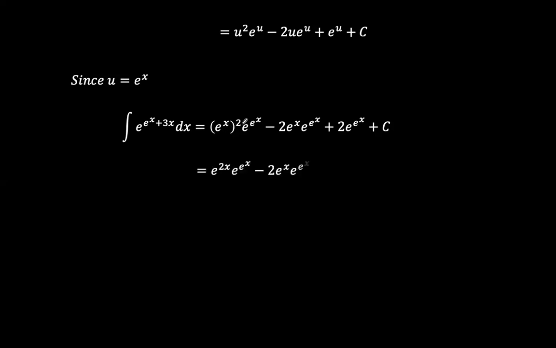This e to the power x squared is the same as e to the power 2x times e to the power e to the power x, minus 2 e to the power x times e to the power e to the power x, plus 2 times e to the power e to the power x. Pulling e to the power e to the power x out, we have e to the power 2x minus 2 e to the power x plus 2, all multiplied by e to the power e to the power x, plus the integration constant is what we get. And that's the final answer.